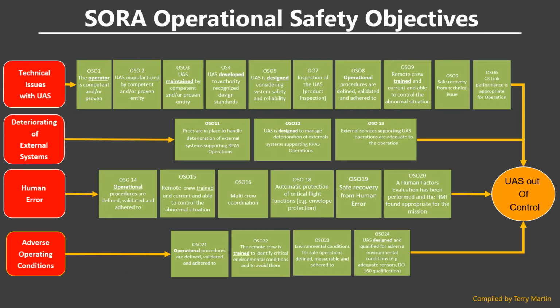And just to emphasize this, what I've done is taken the operational safety objectives that are in Annex E of the SORA, and I've organized them into threat lines, as you can see there in red, ranging from technical through human error to the operating conditions.